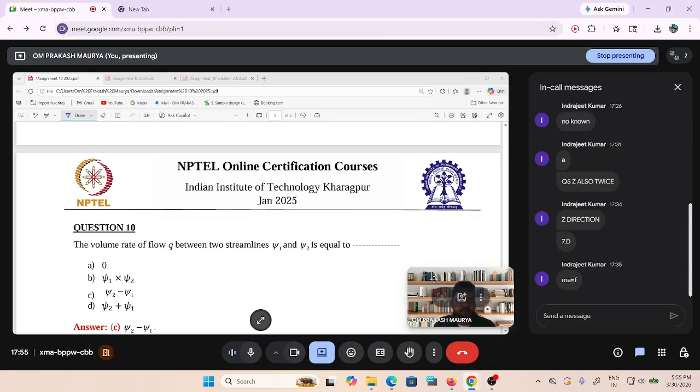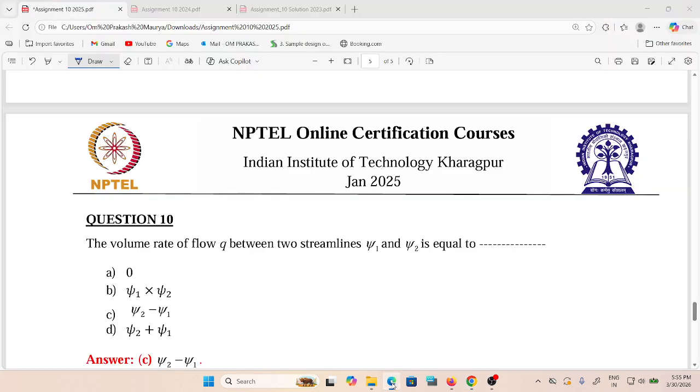Okay, one. So let me just explain the question, read very carefully. Question 10: the volume rate of flow Q between two streamlines, that is sigma 1 and sigma 2, is equal to, option D, sigma 2 plus sigma 1.